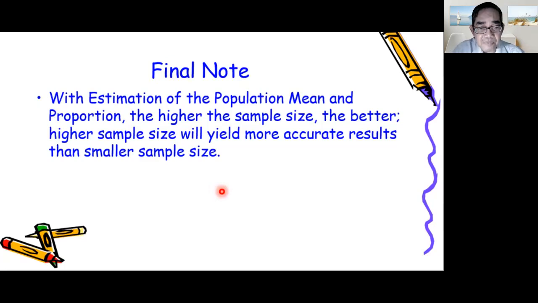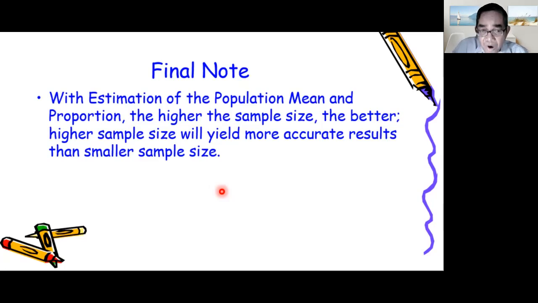For example, based on the sample size calculation, estimation of the population proportion, for example, and the sample size required calculated, for example, is 386, just as an example, that is the required sample size.